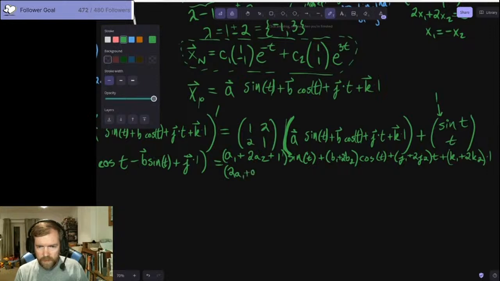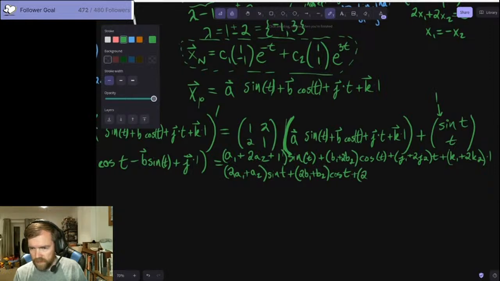2a1 plus a2 sine of t plus parentheses 2b1 plus b2 cosine of t plus j is going to be same deal here. It's still 2j1 plus j2, however, not vector.